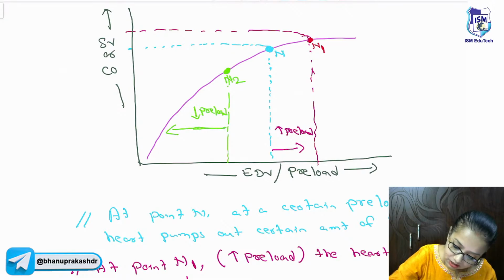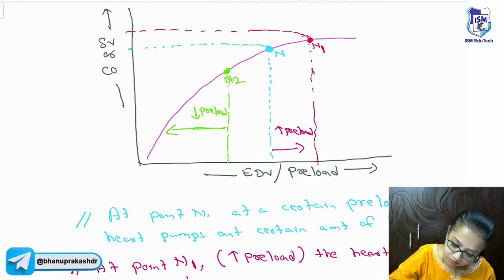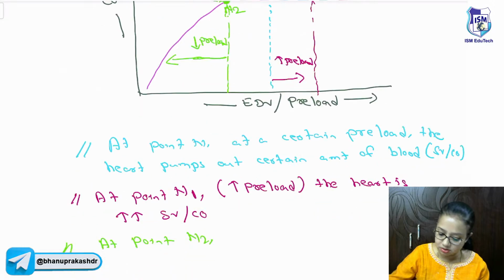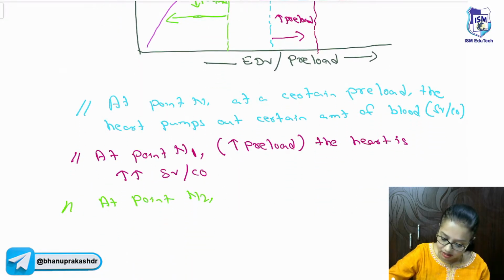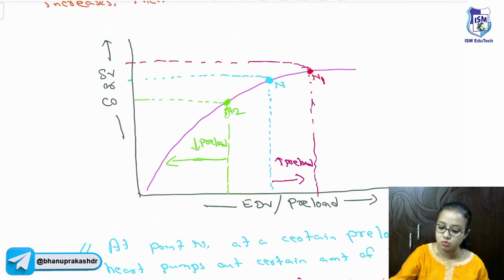So if we draw the line, we see that the amount of the blood that is being pumped out decreases. So it adds to the decrease in preload, heart is decreasing the stroke volume and cardiac output.